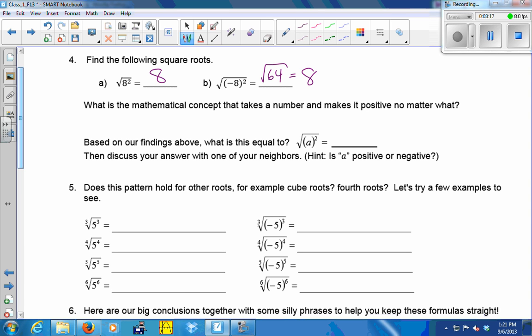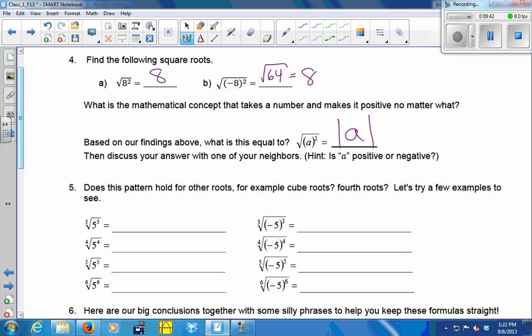But if a is a negative number, you get a positive back. So if I'm taking the square root of a squared, I might get a back if a is positive. It's the absolute value of a. So you can think of square root and squaring as canceling each other, but you get the absolute value, not a itself.